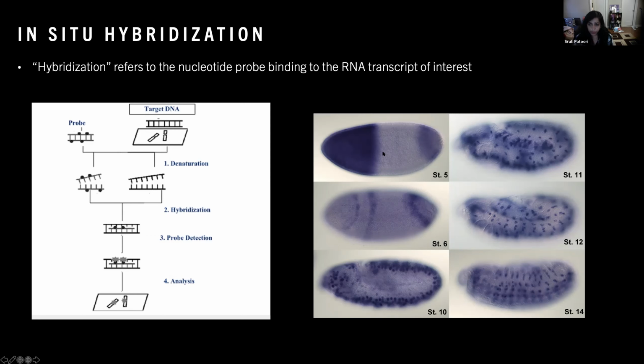You can see how it starts in very broad domains of expression and it changes at each stage until you get this dotted pattern, which, not being a Drosophila person, I'm not sure, but I think these might actually be individual nuclei that you can see labeled here. I think it's very cool that you can see with this technique both the space and time dimensions of gene expression.